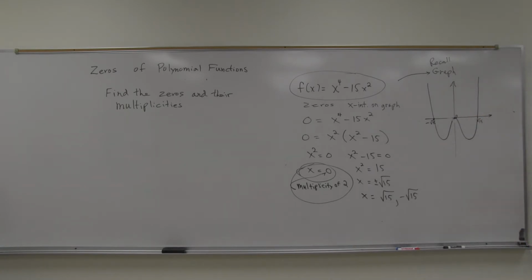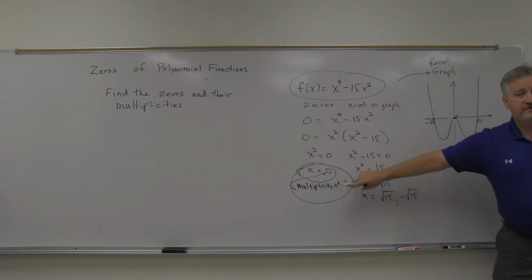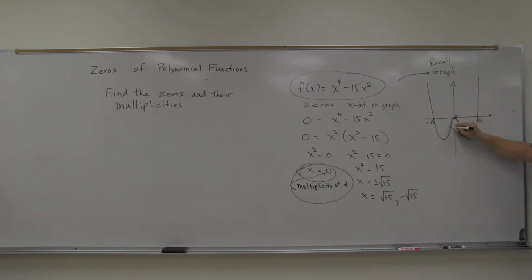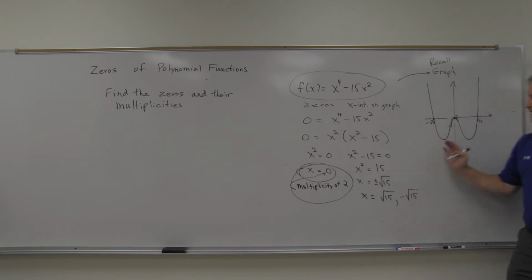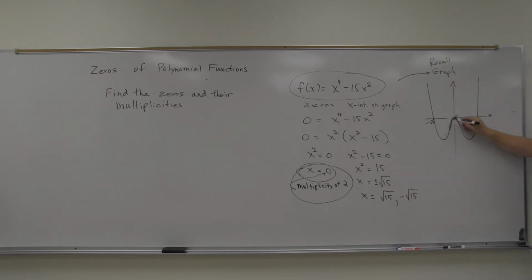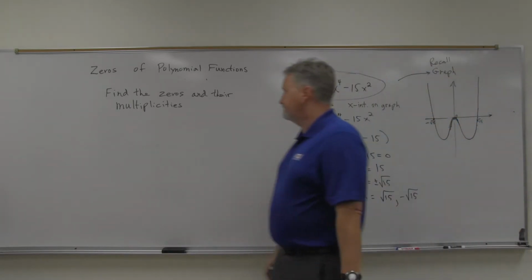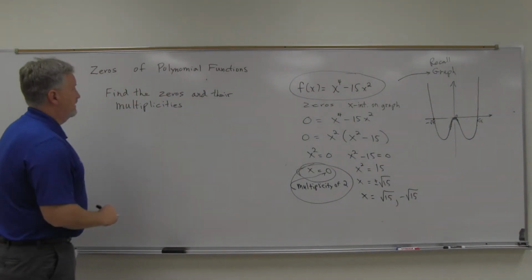But you see a difference between the 0 and the square root of 15 and negative square root of 15. With this multiplicity of 2, we had a turnaround at the x-axis, instead of at the negative and positive square root of 15, where it went through the graph. So that's one thing the multiplicity can tell you. If it's an even multiplicity, you're going to have a turnaround at your x-intercepts. But that's just a side note.